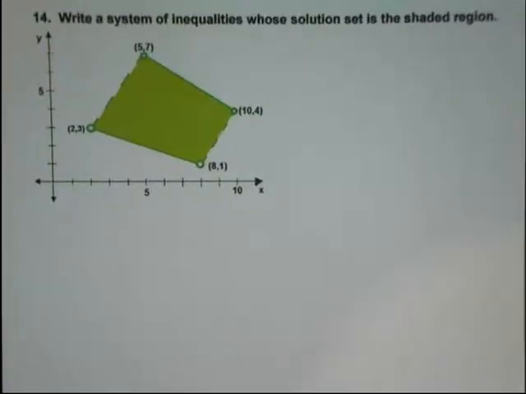Exercise 14. Write a system of inequalities whose solution set is the shaded region. This shaded region has a couple of properties that are important to us. One, it's convex. Two, it has all linear boundaries.